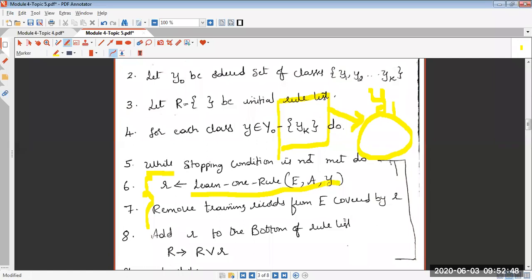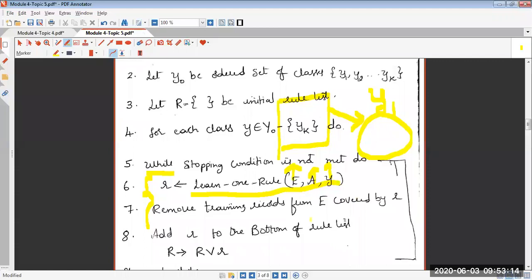E is the training records. A is the attributes of those training records. And Y is the class under consideration. Since we are in the first iteration of the for loop, the class under consideration is Y1.